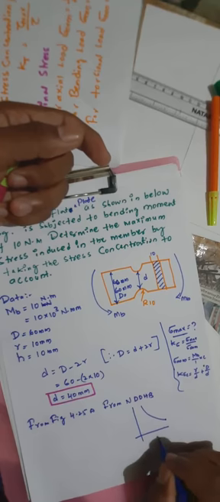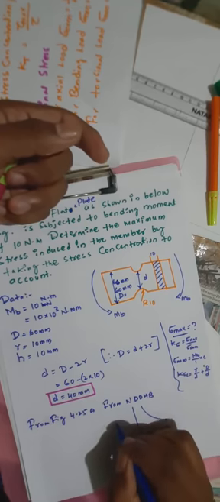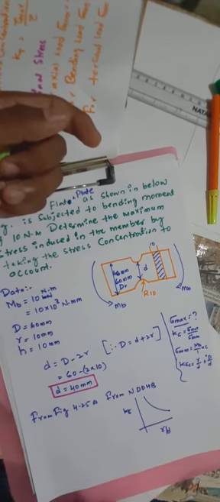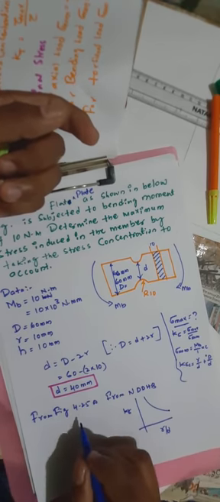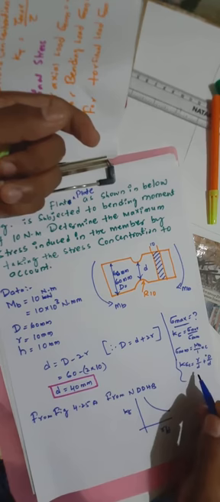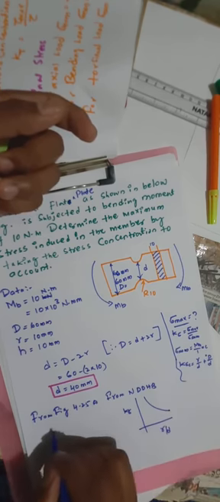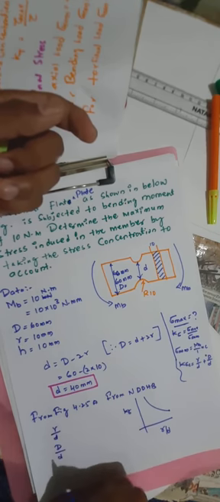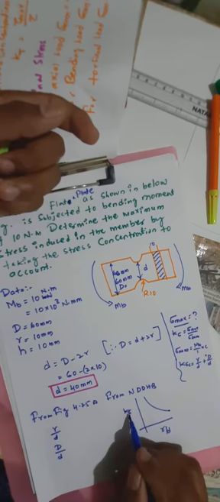Here we have r by d and here we have the K sigma stress concentration. From the figure we need to find the small r by d ratio as well as the capital D by d ratio, to find the stress concentration.